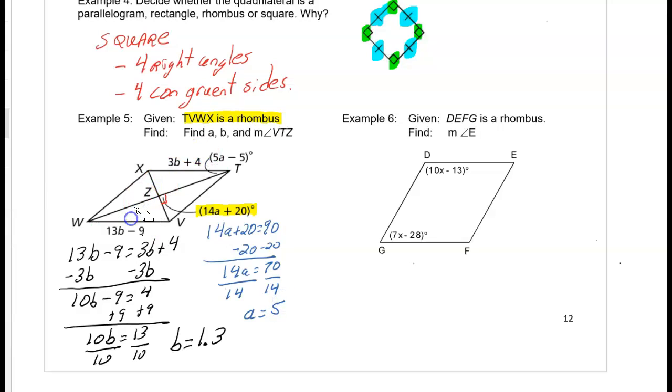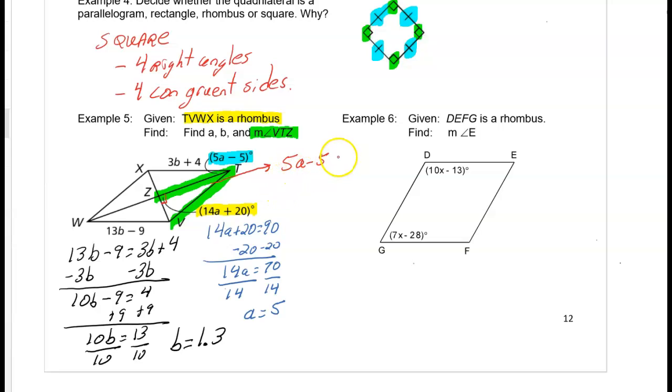The third part of the question is to find angle VTZ. So I'm going to trace that, VTZ. We know half of the angle is 5A minus 20, and since the diagonals in a rhombus bisect the angle, this other side, I'm going to draw this arrow, is also 5A minus 5.